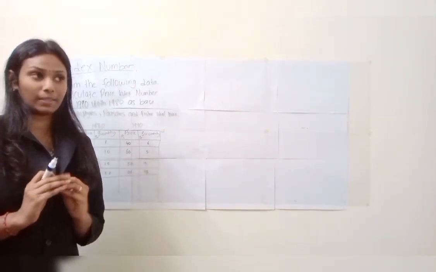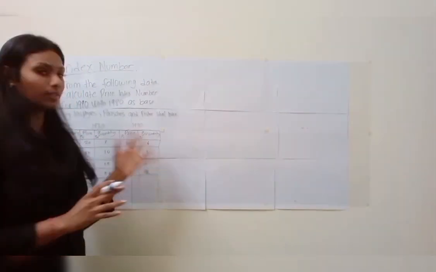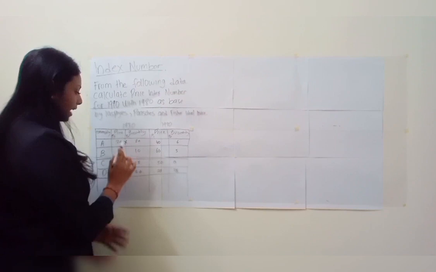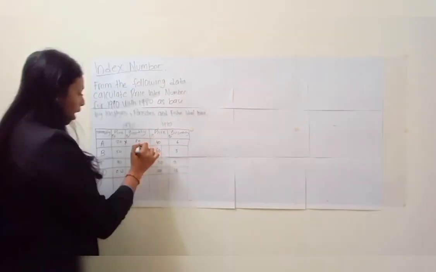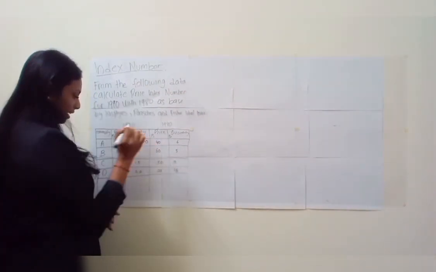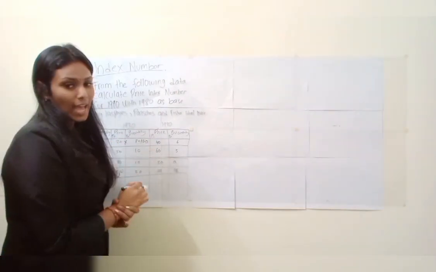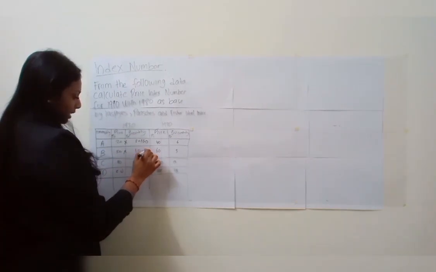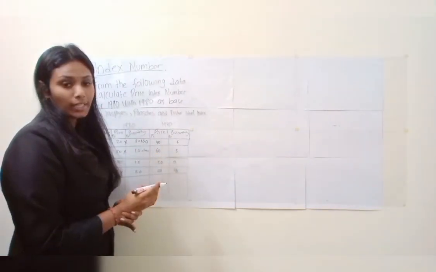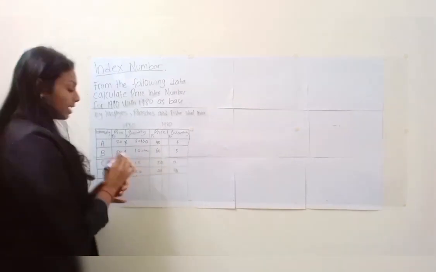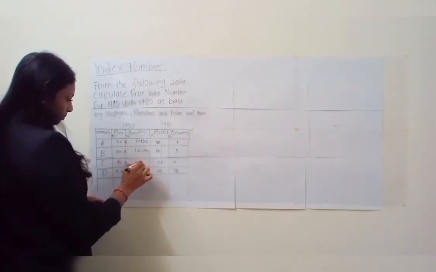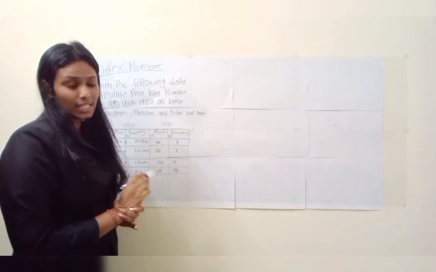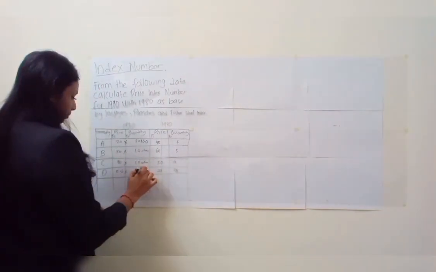Okay, we give the answer solution. Solve the problem. First of all, 20 times 8 is 160. 50 times 10 is 500. And 40 times 15 is 600. 20 times 20 is 400.